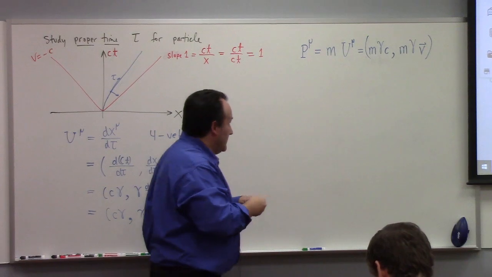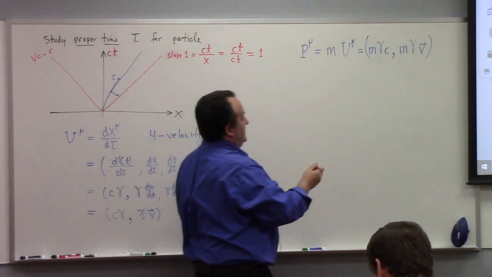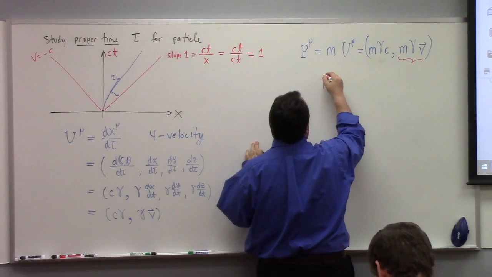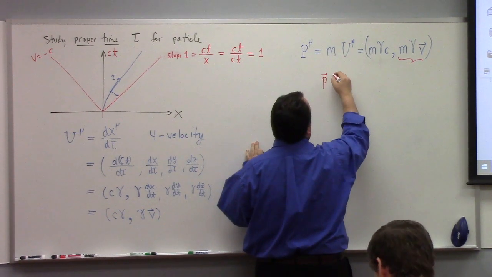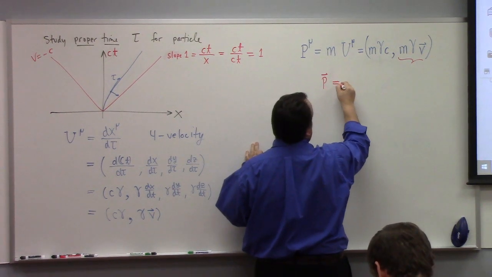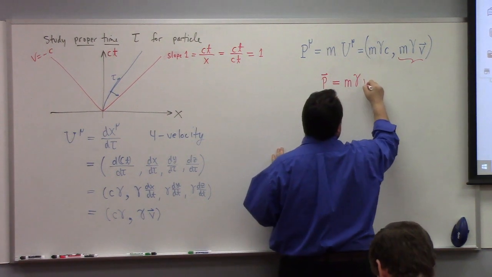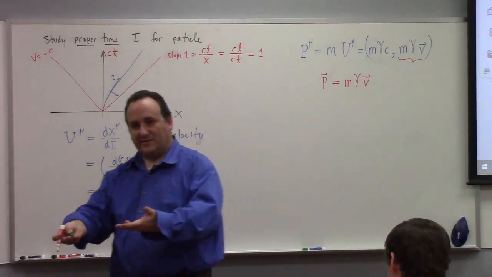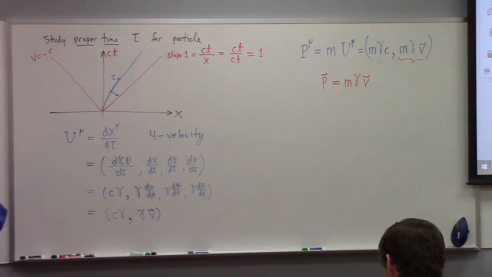So long story short, this ends up being what we call the relativistic momentum. Relativistic momentum, the ith coordinate, well, let me just write. This is a three-dimensional vector. P vector is m gamma v. So the relativistic momentum is just the regular momentum times gamma.